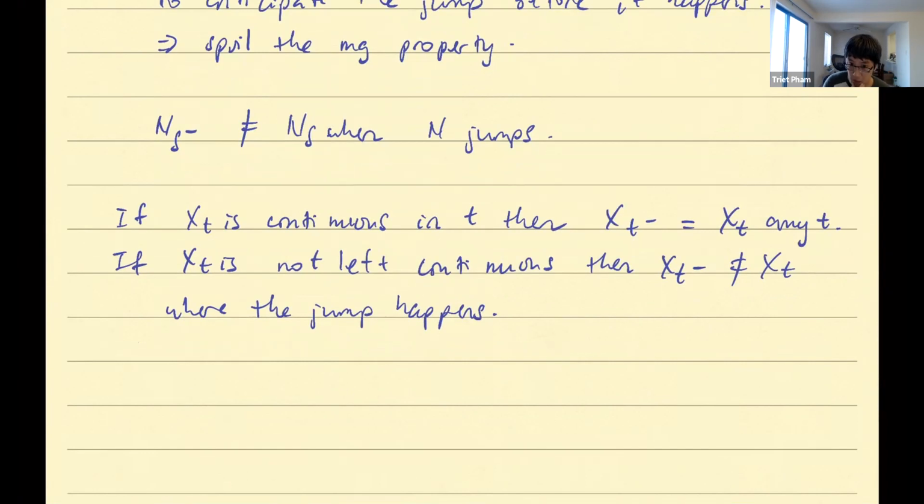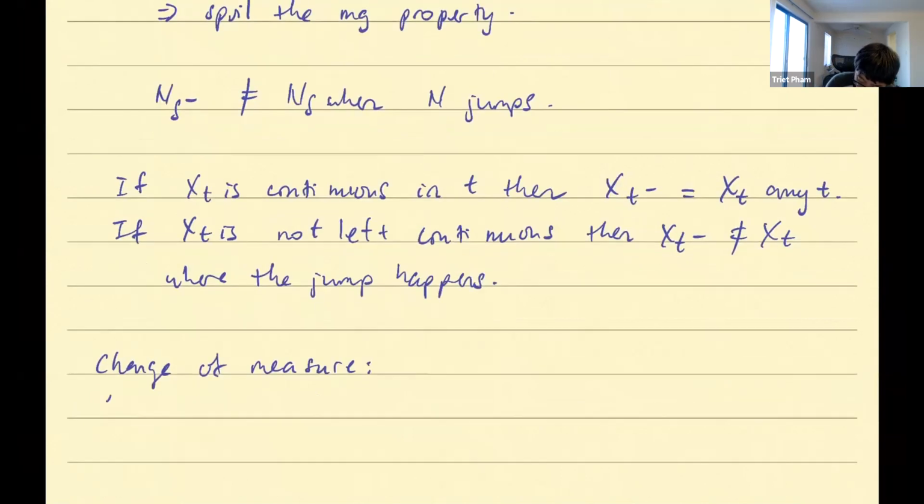All right. So next, let's talk about the change of measure. So what do we have here? What we start out with is the stock in the physical model, the physical world.